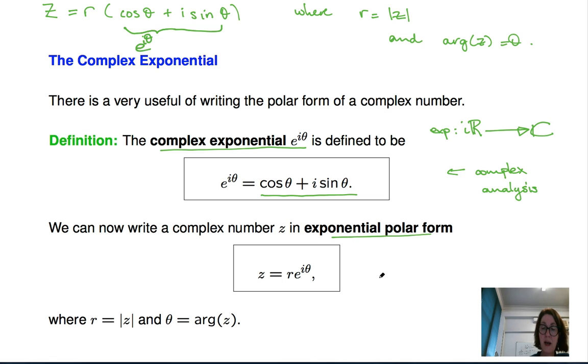So we can write our complex number as z equals r e to the i theta, where r is the modulus of z and theta equals the argument of z. Let me write that so you can read it.